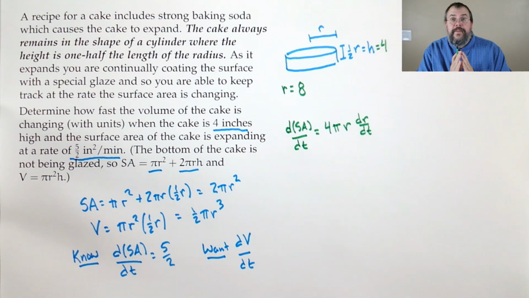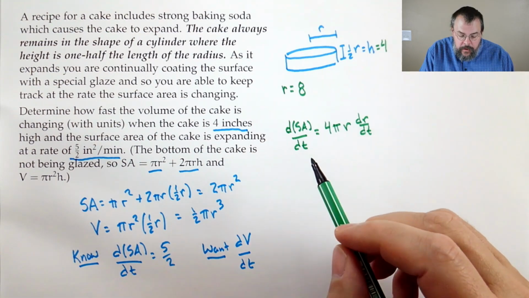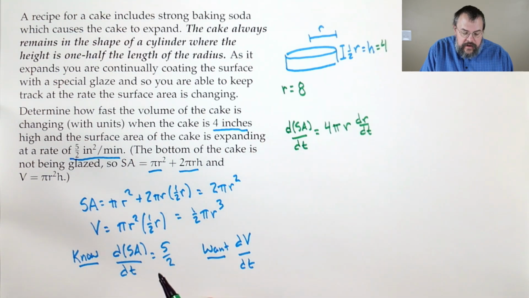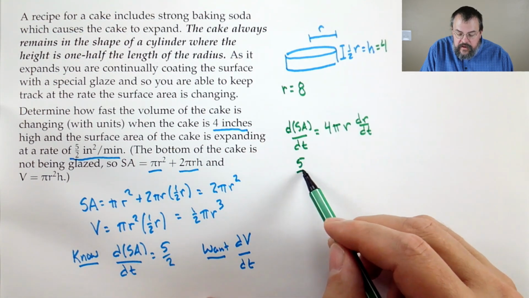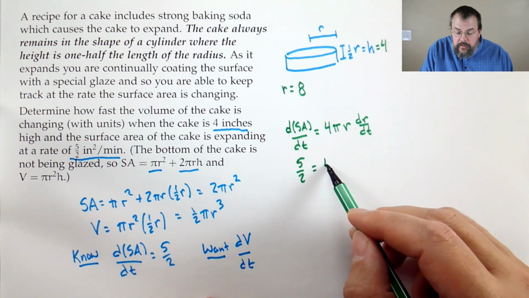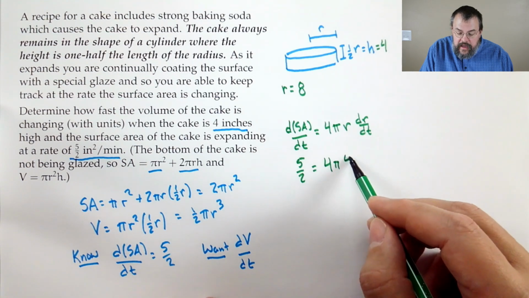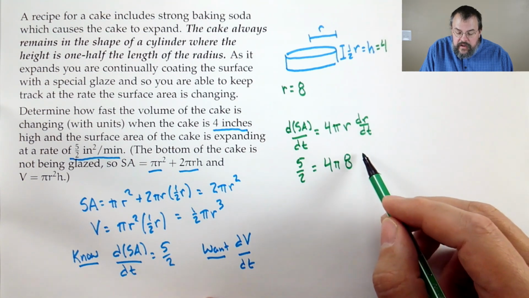All right, good. Now let's plug in what we know. dA/dt, the change of surface area with time, is 5/2, which equals 4 pi times 8 times dr/dt.